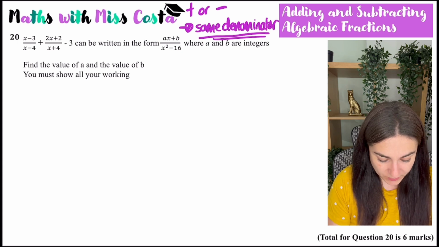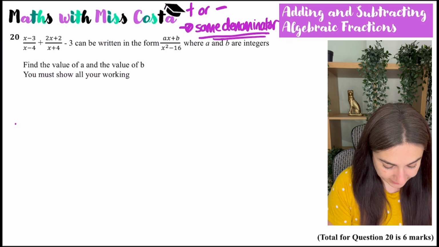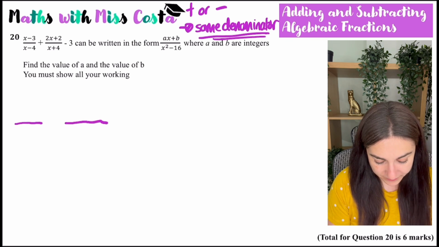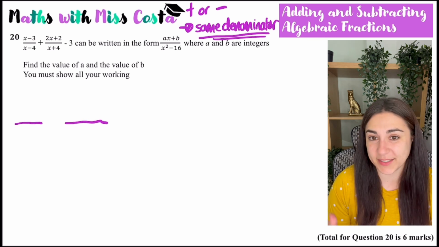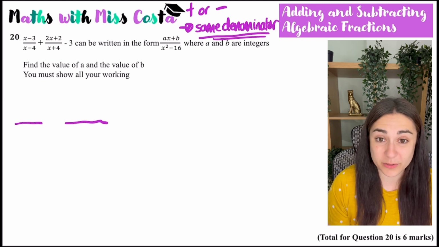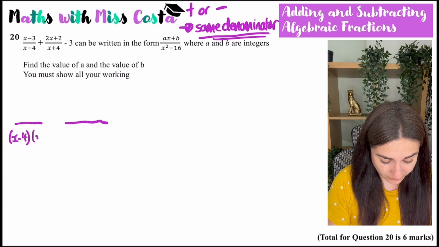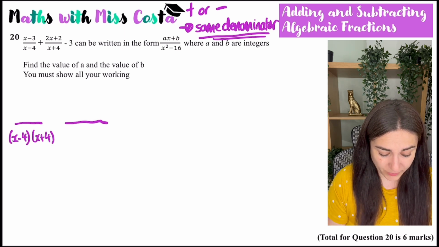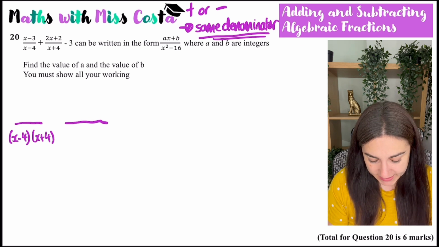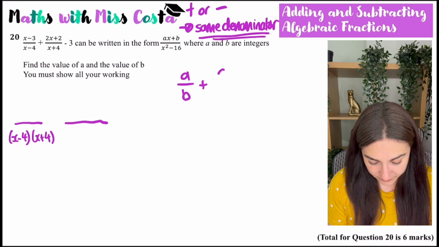So in order to add these two together, I'm going to need to write them as fractions that have the same denominator. In this case, because they're algebraic fractions, I'm not going to worry about finding the lowest common multiple. I'm just going to write it as x minus 4, x plus 4. So let's say you had a over b plus c over d.